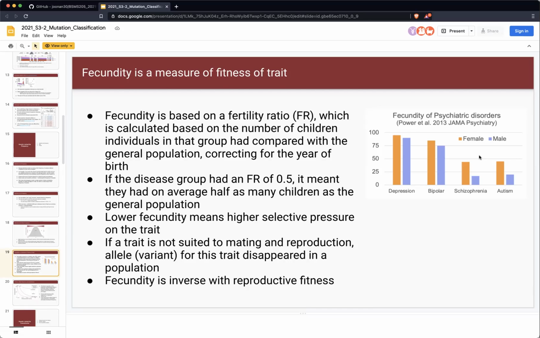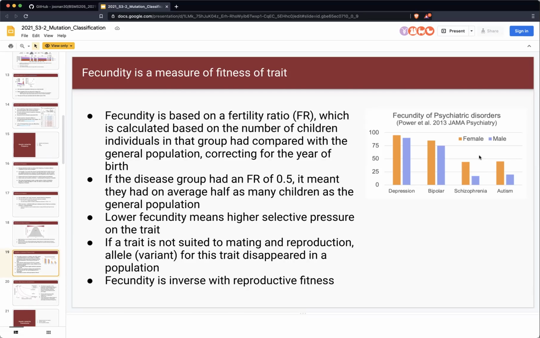Because in the sense of natural selection, schizophrenia has to be selected out, right? But schizophrenia keeps appearing in our population. What is the mechanism by which the frequency of schizophrenia is maintained in our population, and why? That was one question people had at the time.